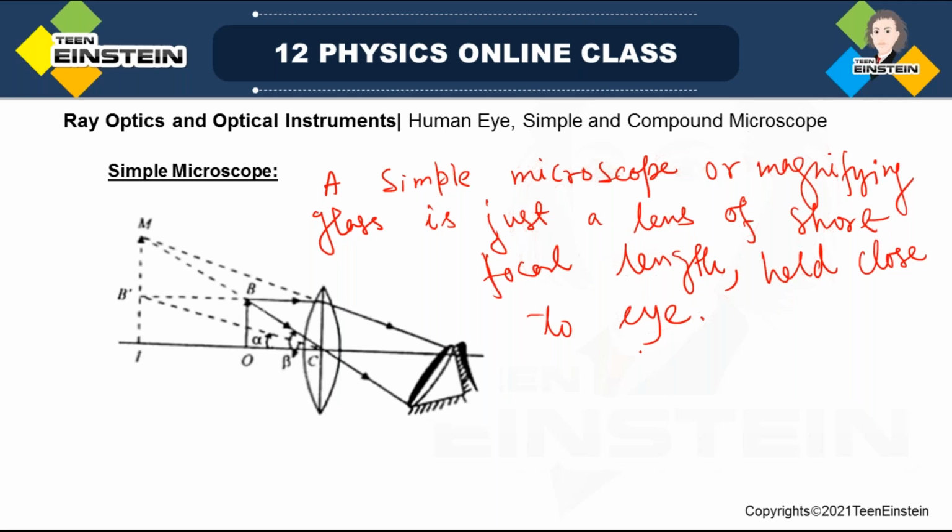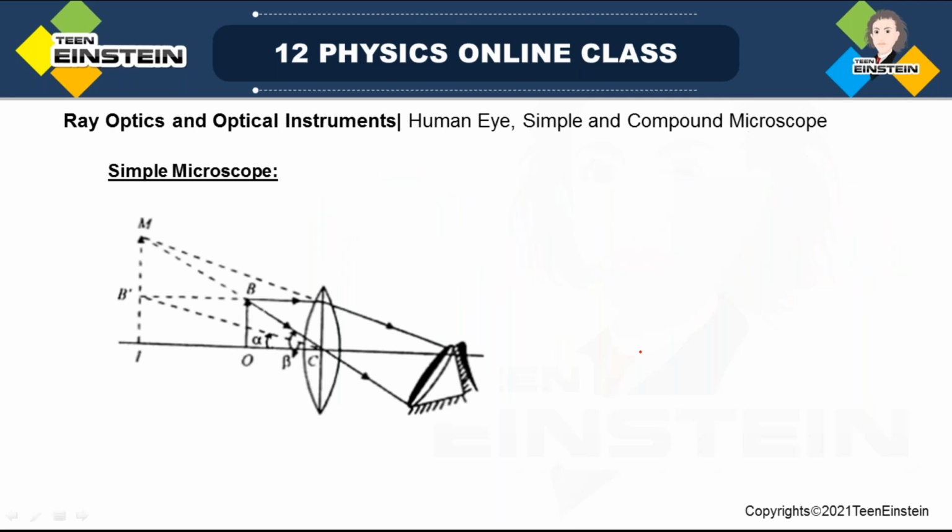Now you might be thinking, what is the working principle? Generally in the board exam there will be a descriptive question to write down the working principle of compound microscope or simple microscope. So we have learned the definition. I'll erase this to save some space. Now we'll see the working principle.